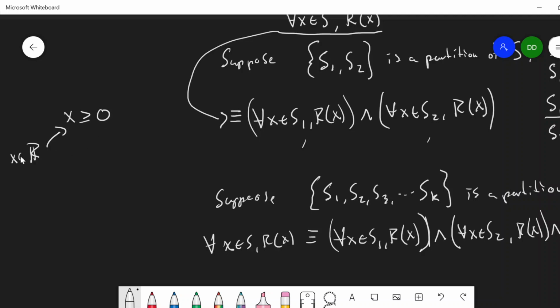So x is in the real numbers, we could have x strictly greater than 0. Maybe for another statement, we might want to break it down to positive x's, negative x's, and x equal to 0. This would be an example of breaking down the set S into three subsets and considering each one of those cases individually.